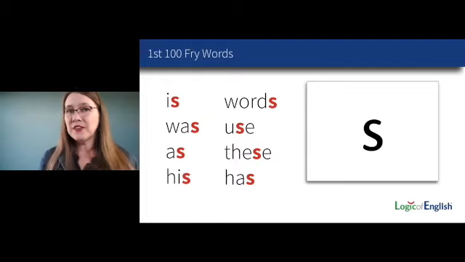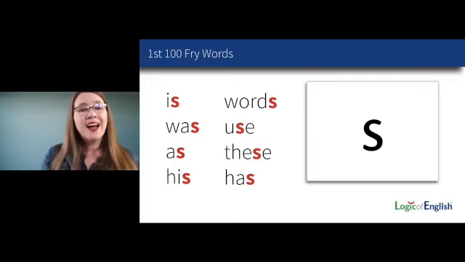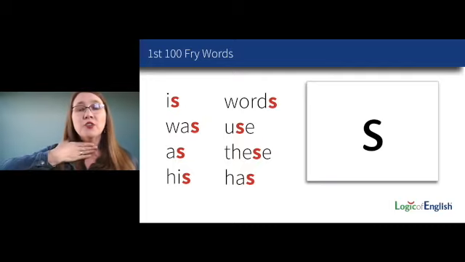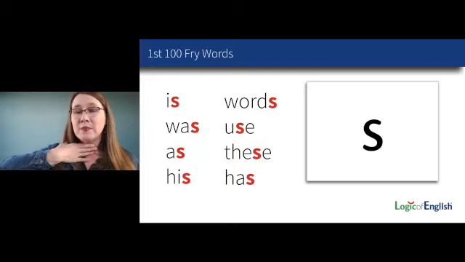Okay, I have a theory, and I want to be clear, this is a Denise Ide theory. Why do some students read "is" just fine? Well, I think that when we teach that S says S, if you feel your throat as you say S and Z, you'll notice that with Z, your voice box vibrates.